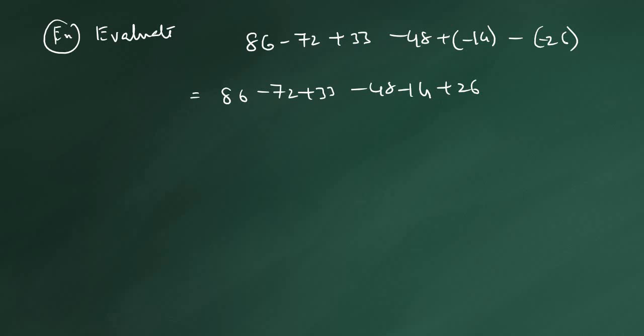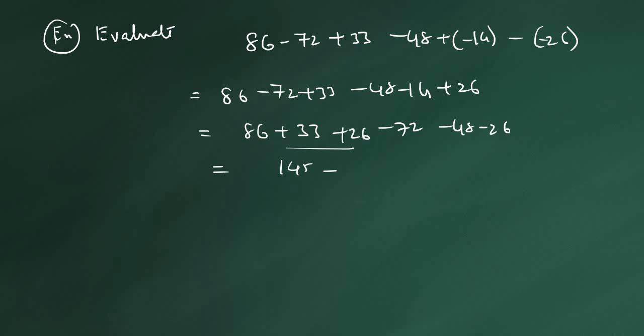Then you write all the positives: 86 plus 33 plus 26. After that you write all the negatives: minus 72 minus 48 minus 14. Then you total them. The positive total will come 145, the negative total will come 134. Then it will be 11. So this is the answer. Okay, thank you very much.